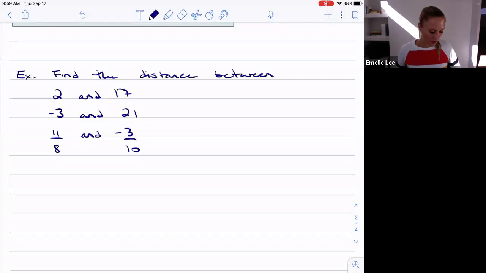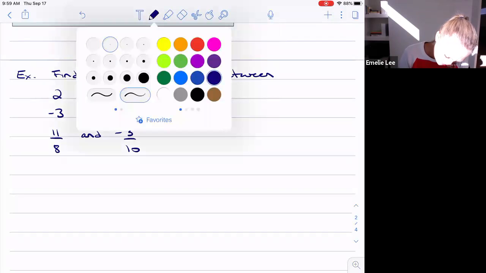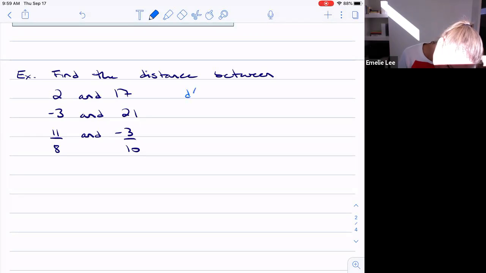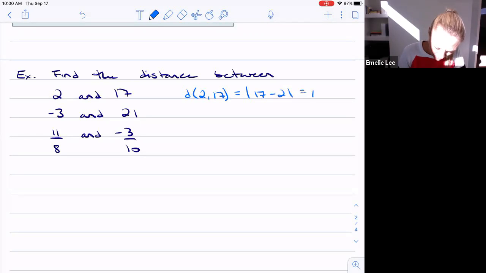Okay. So the first one, well, the first two are not bad, right? We already kind of talked through them. And so we've got the distance between 2 and 17 by that formula is the absolute value of 17 minus 2, which is 15.